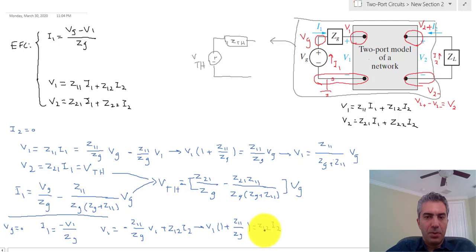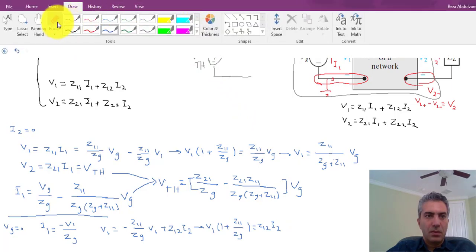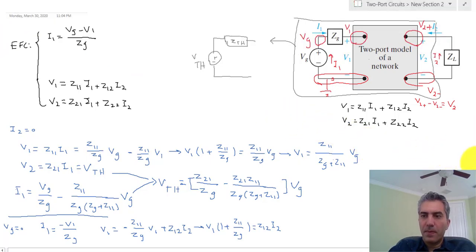Now I can put this back into this equation and find I1 as a function of I2. Let me see if I can go slightly lower and move this up.